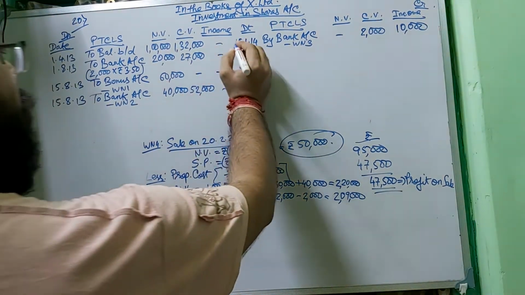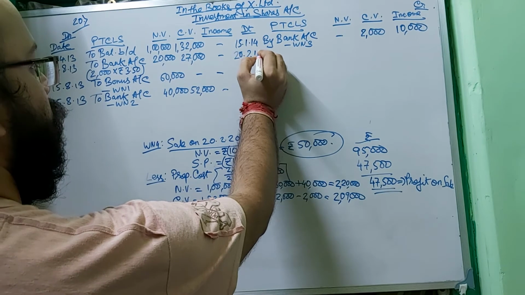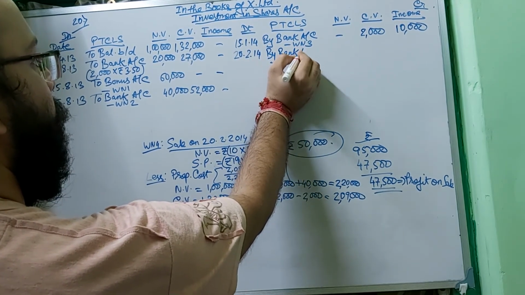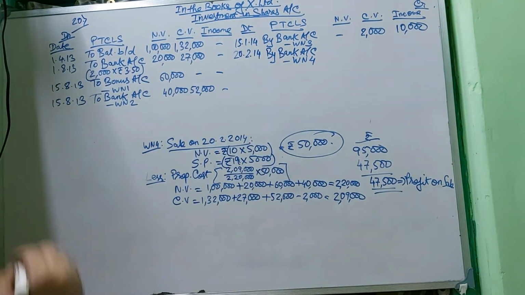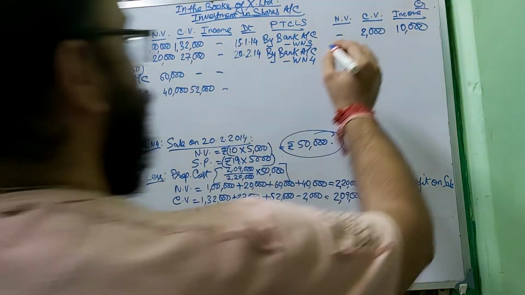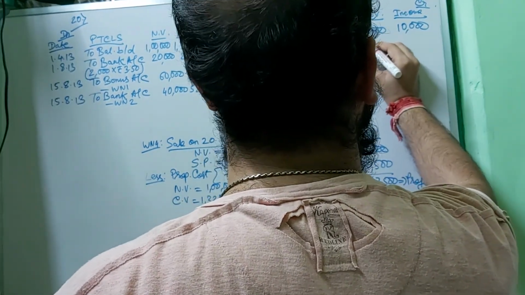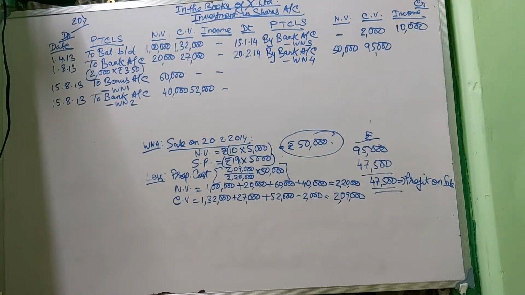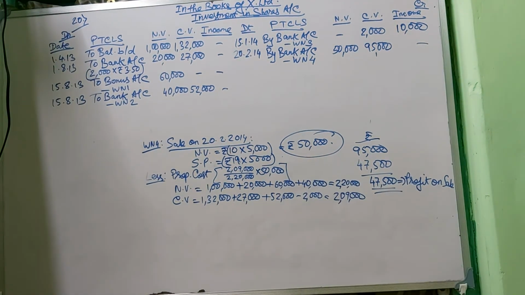Okay. So now, as you are selling it on 20 2 2014 by bank account, working note 4. Yes, nominal value is 50,000, capital value is 95,000. There is no income, right? There is no income, and obviously profit on sale is 47,500.